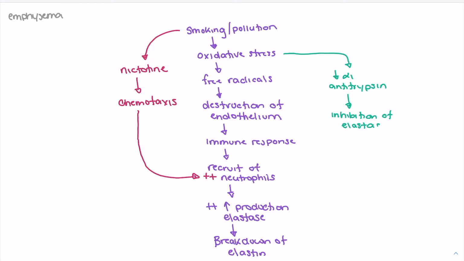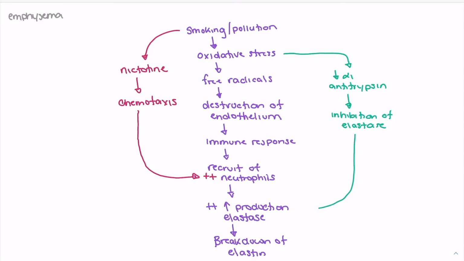Normally, alpha-1 antitrypsin provides a homeostatic mechanism in decreasing elastase function. Well, if I have less alpha-1 antitrypsin, then I am basically not going to be able to inhibit that elastase.